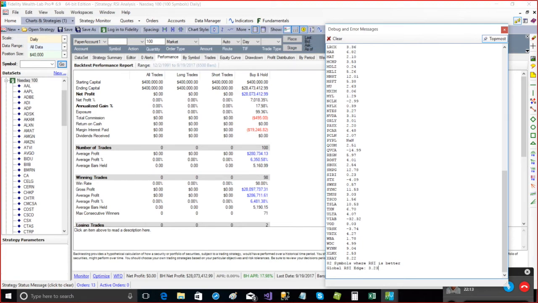So this is taking all of the returns in the entire universe of the NASDAQ 100 and dividing it by the returns of only taking the returns when the RSI is below 30. So the global RSI edge is 3.23. So I think that's pretty significant.